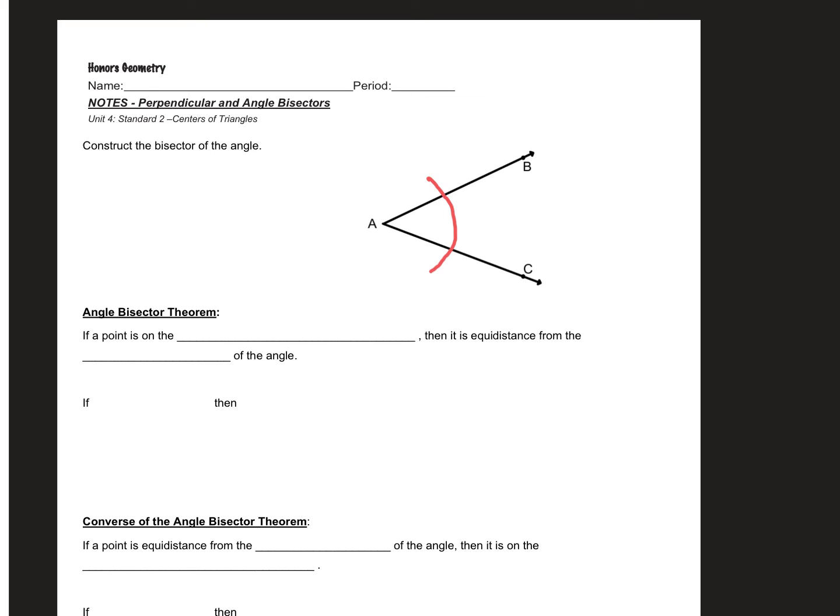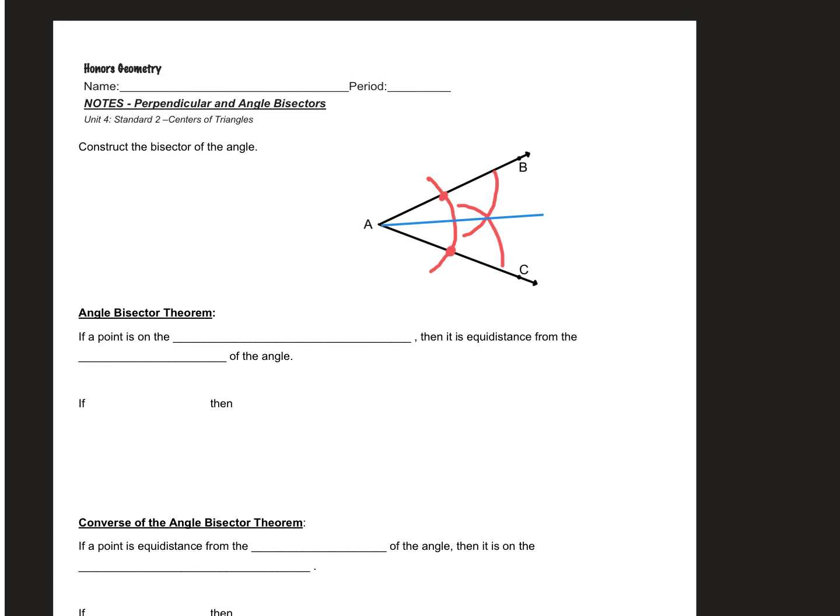And then from this point here, this is now your new center. You're going to choose a radius, doesn't matter, and you're going to draw an arc here. And using that same radius and this center, you're going to draw an arc here. I don't go into a lot of detail on how to do this because we've done this a bunch of times, but just a little reminder, and then this is what you should end up with. Something that looks like that.